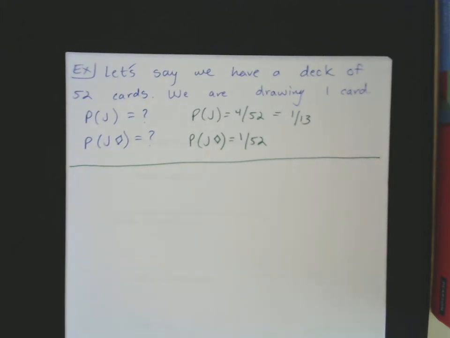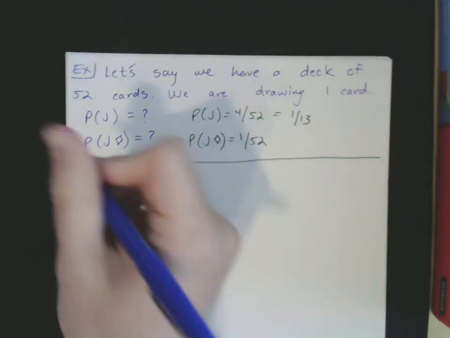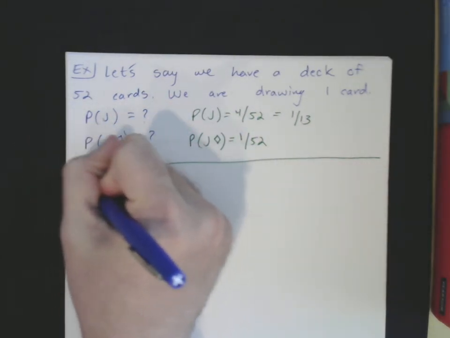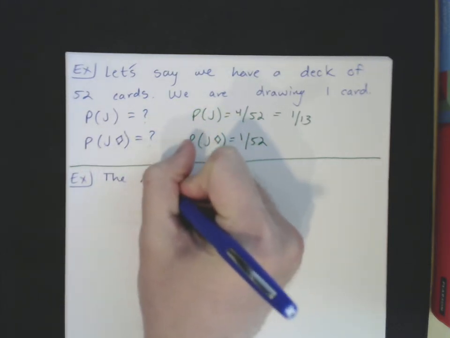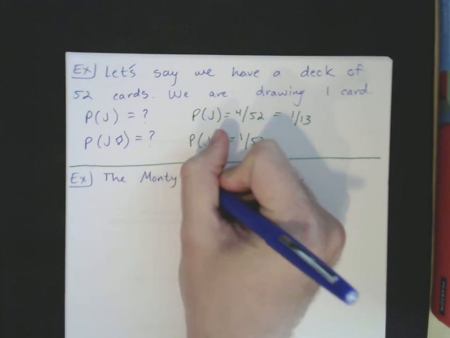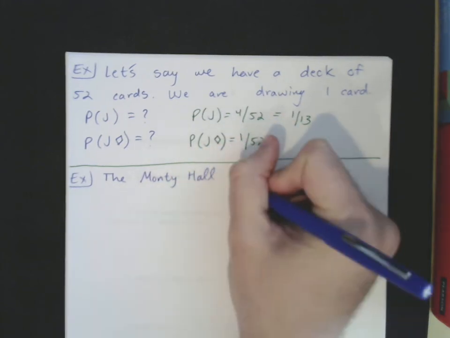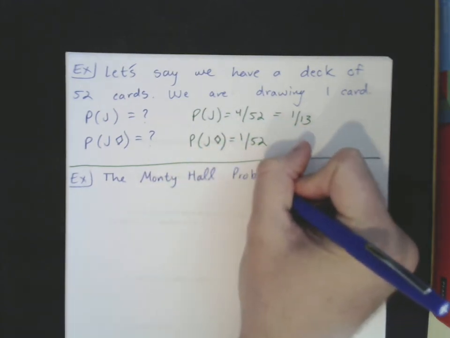So now what we're going to talk about right now is a fun little problem called the Monty Hall problem, named for Monty Hall, the old show host. Might be before some of your time, most of your time.